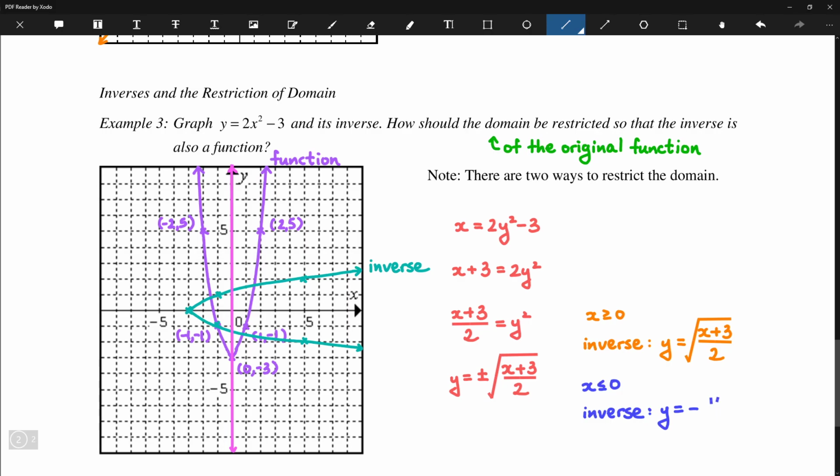Let's go x. Oops, sorry about that. So this would be x plus 3, then let's draw in blue here, over 2. Okay, so that's how we can restrict the domain of a function so the resultant inverse is also a function.